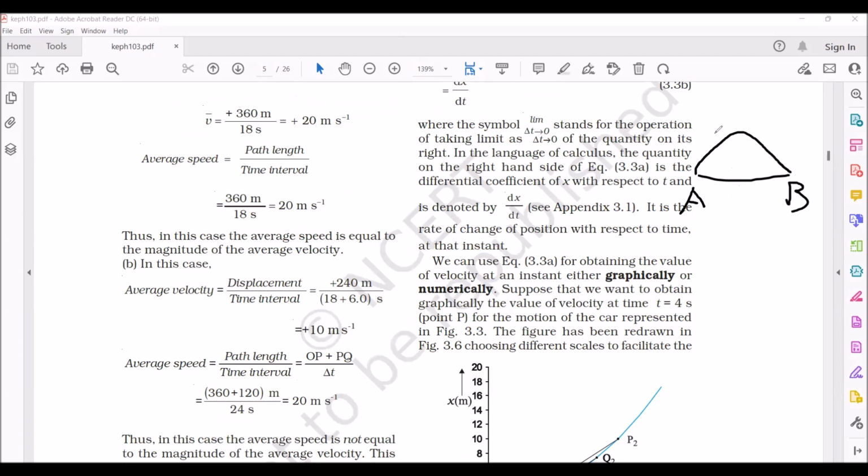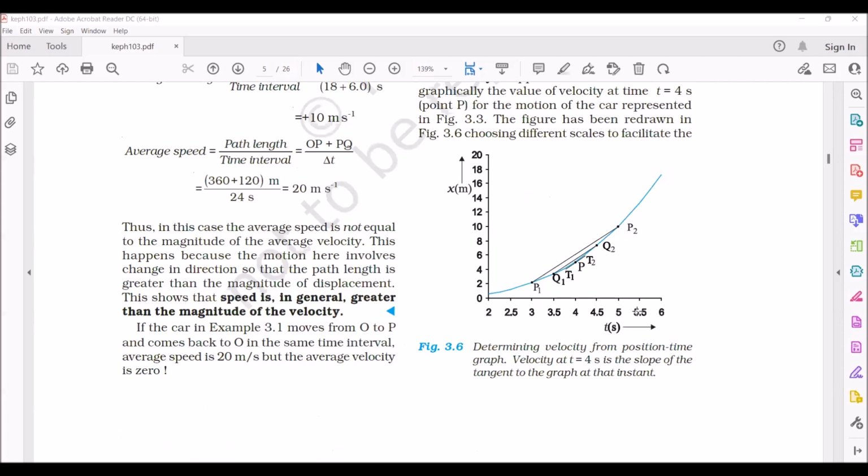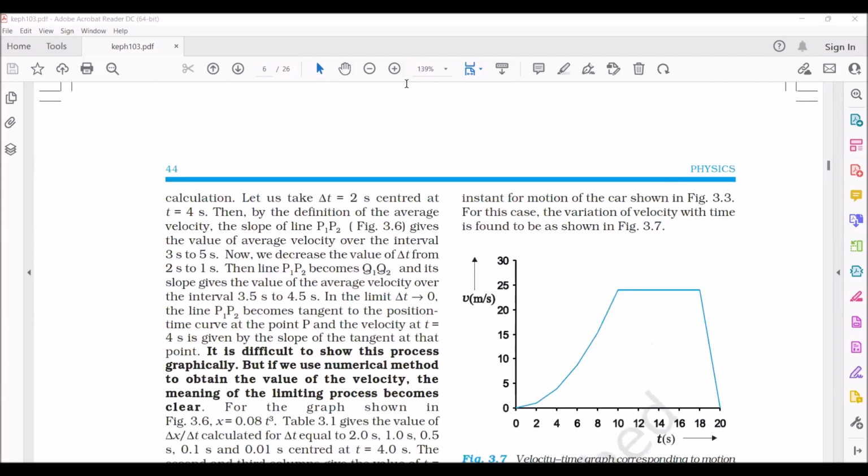Now, in order to give how fast the object is moving at a particular instant, again the time interval is almost 0. At that time, how fast the object is moving from one point to another is given by the instantaneous speed. Now we will take one diagram that will make you understand it properly.